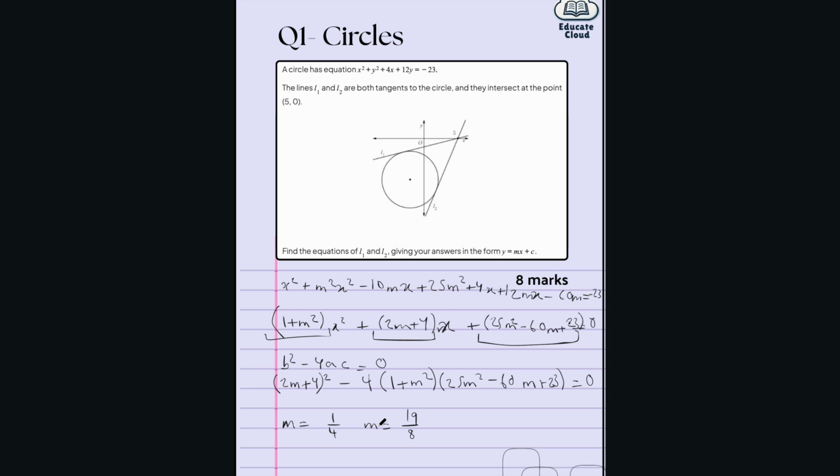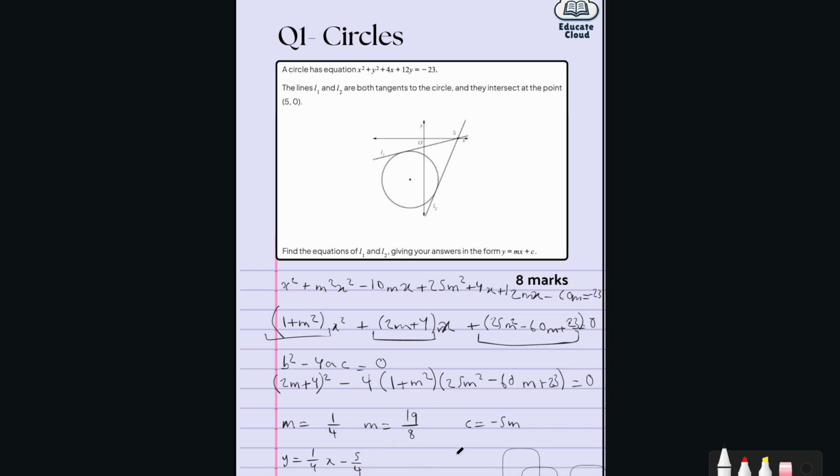So the full line equation, we know that c was minus 5m, and so for our first part it's going to be y is equal to 1/4 x minus 5/4 by plugging in (5, 0).